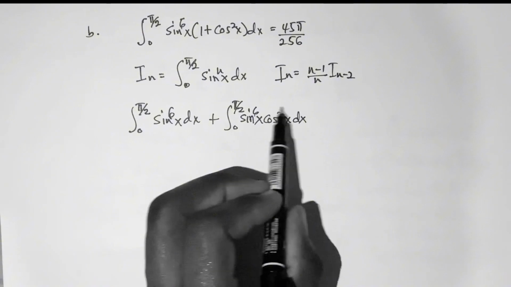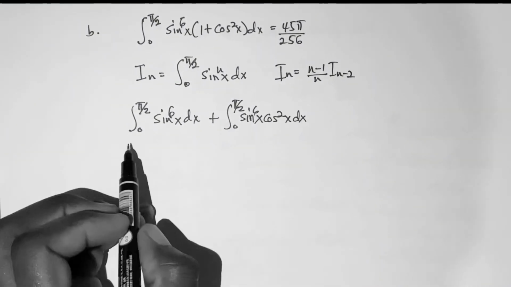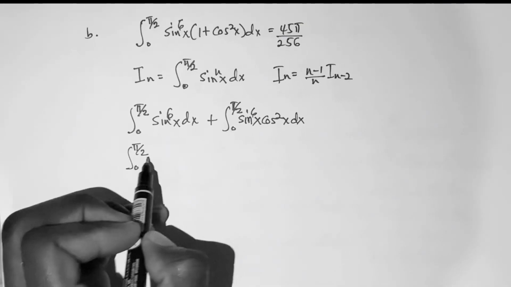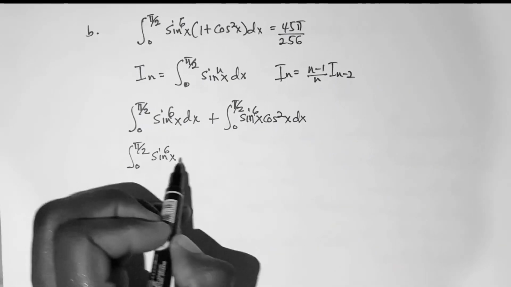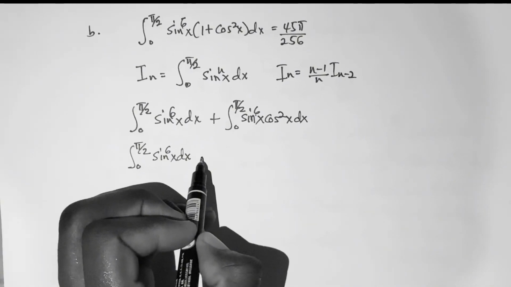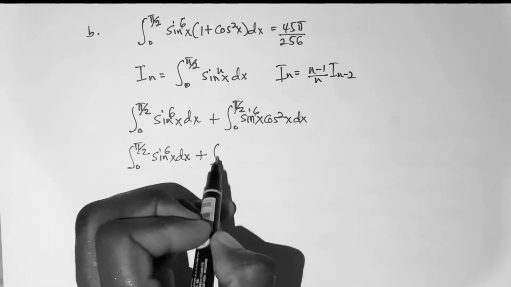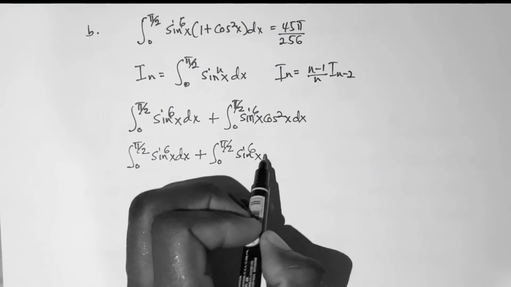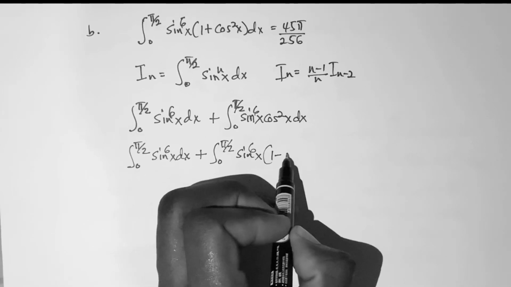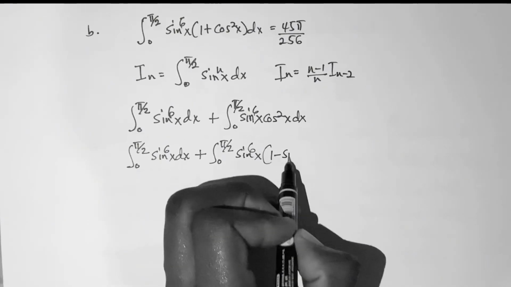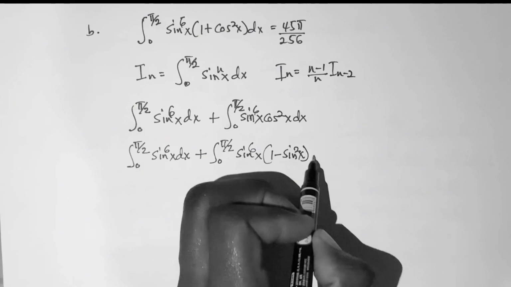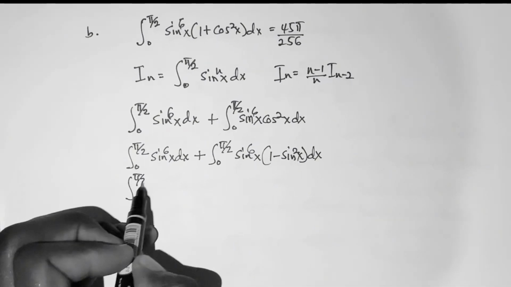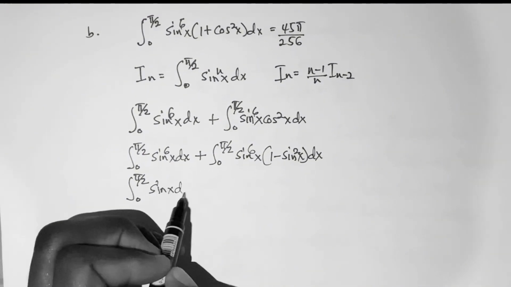So now this cos^2 x, we can further break it. So this is equal to the integral from 0 to pi/2 of sin^6 x dx, plus the integral from 0 to pi/2 of sin^6 x times (1 - sin^2 x) dx.